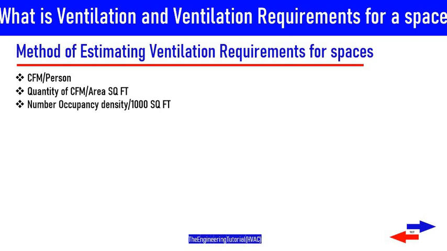The second method involves multiplying the CFM per square foot by the area, and the third method involves the occupancy density per 1000 square feet.